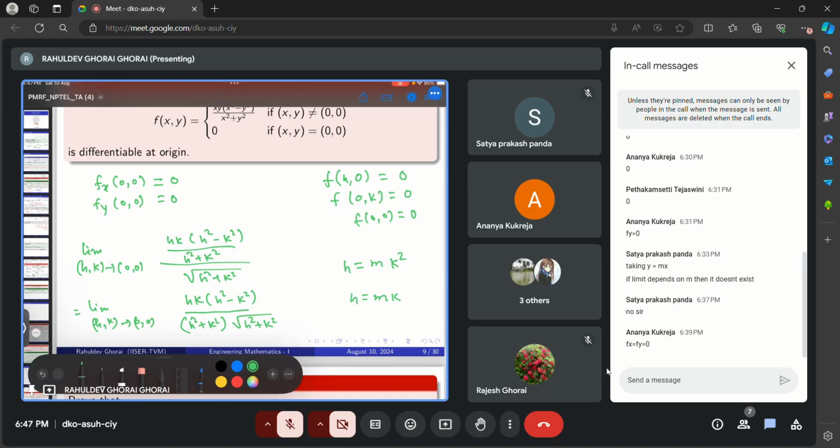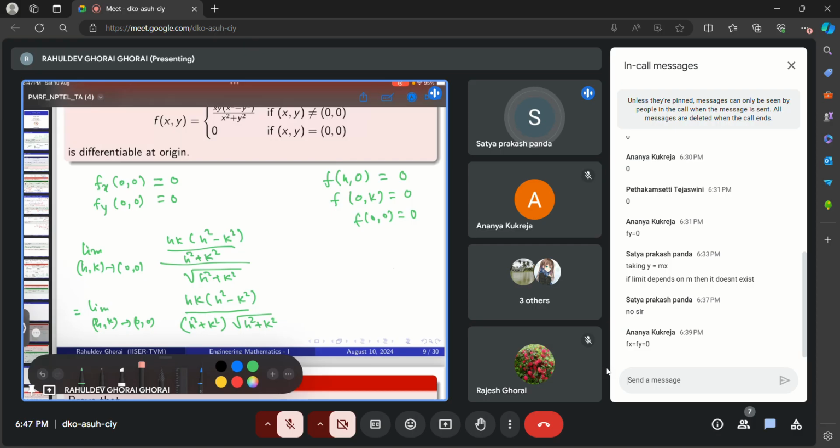That is a good way to show that the limit exists. Whatever Satya is doing is also correct. From that you can understand what the limit will be. Through the h equal to mk path, what he is telling, it is 0. That observation he got. Now you can try some other path also, Satya.